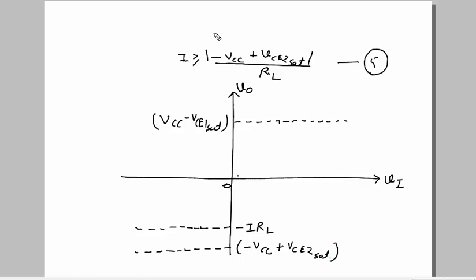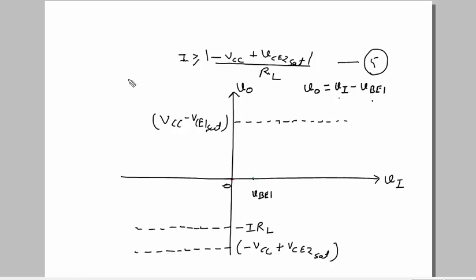Now let us draw the curve. From equation number 1 we saw that V naught equals Vi minus VBE1. Until Vi reaches VBE1, from here we start, V naught will not exist.